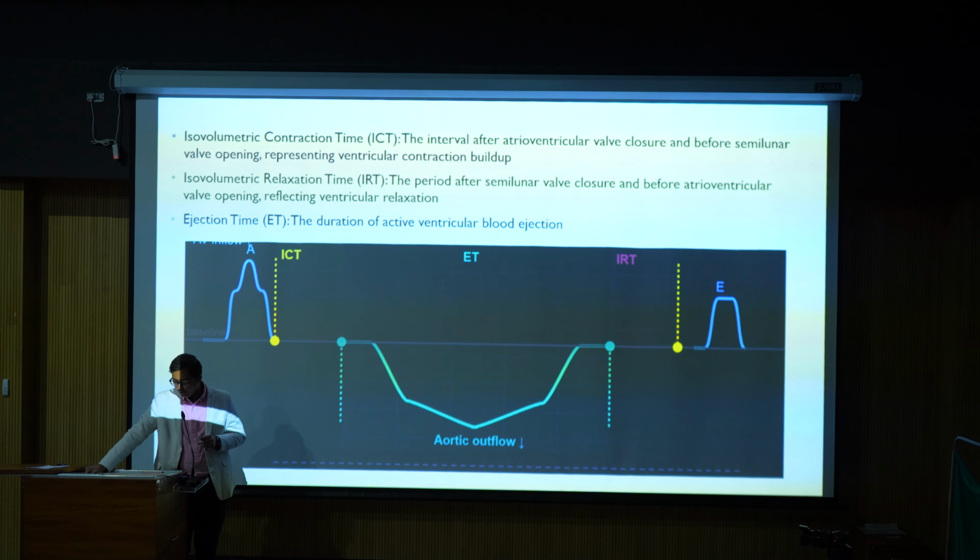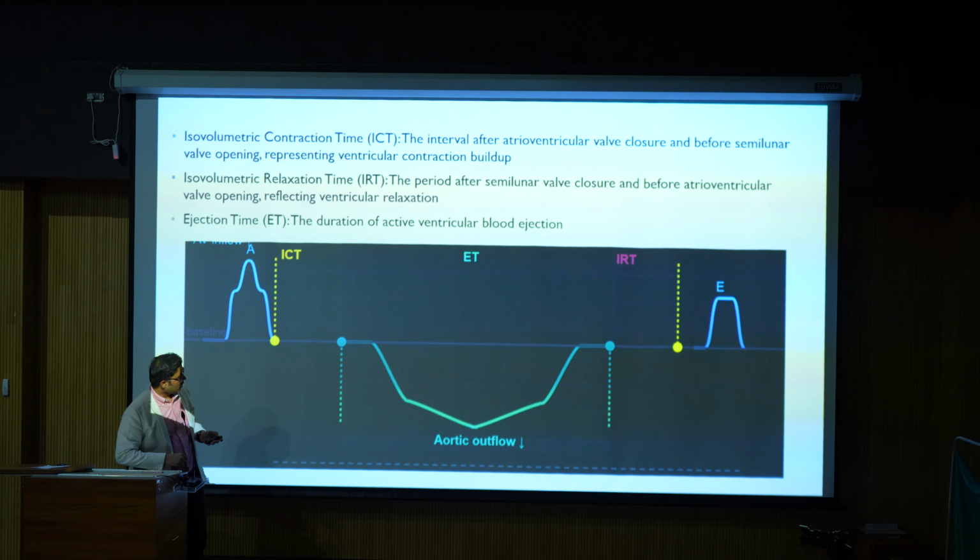Before we go into the actual calculations of the MPI, we need to understand a few concepts: the isovolumetric contraction time, the isovolumetric relaxation time, and the ejection time of either the left heart or the right heart. Isovolumetric contraction time is the ICT, which is represented here. When we take the waveform pattern for, say, the left ventricle, you'll get the waveforms like I showed during the demonstration.